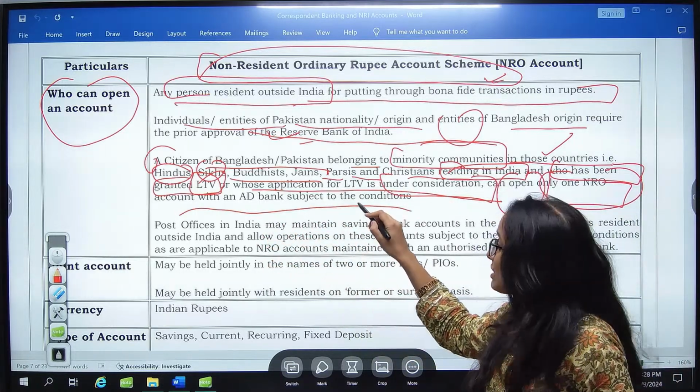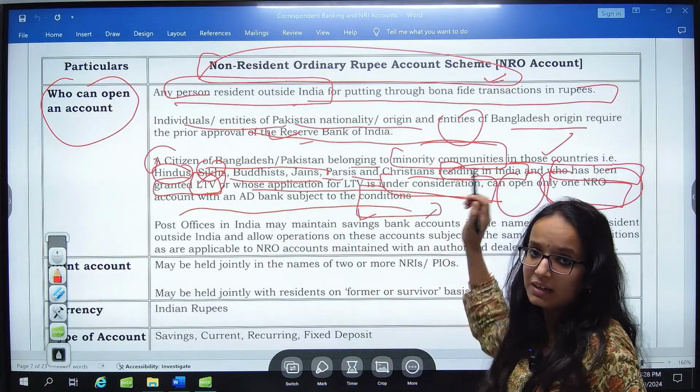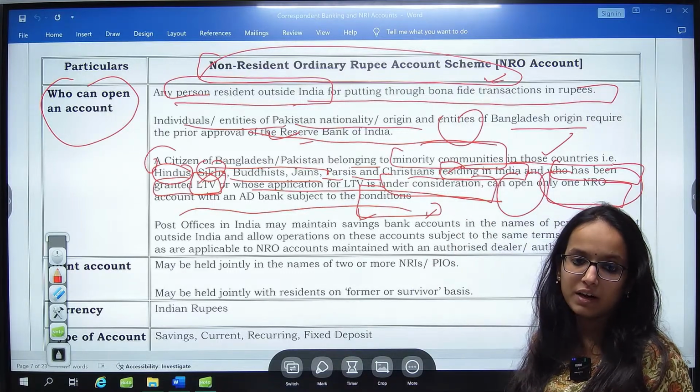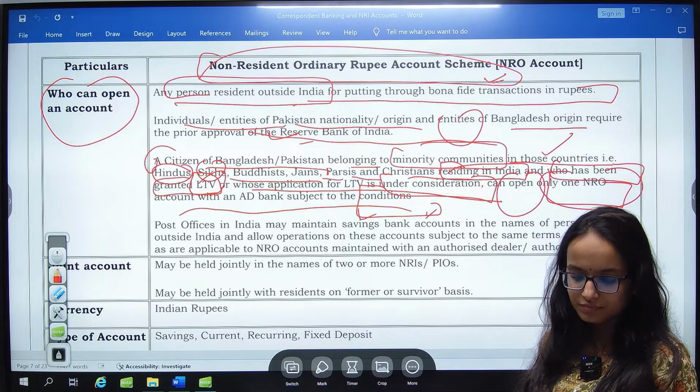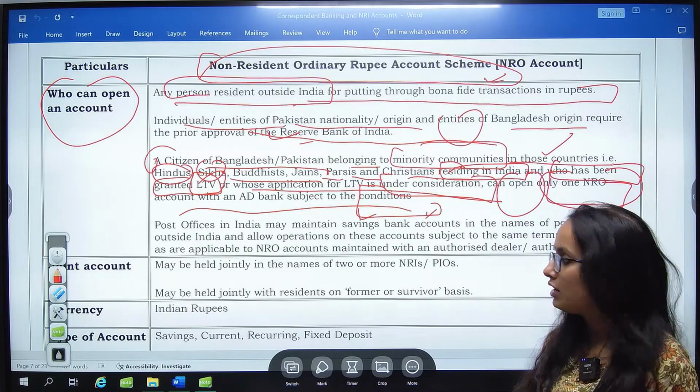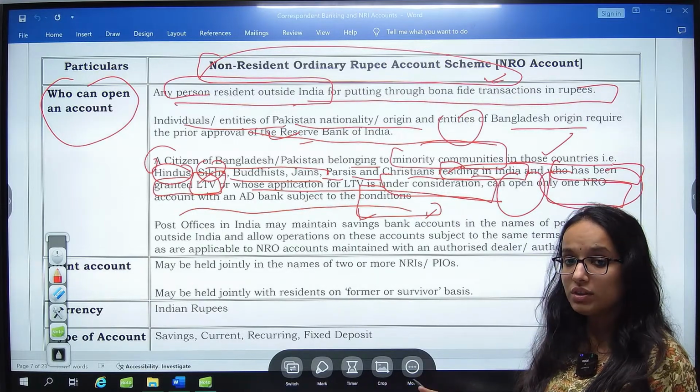That would also be subject to conditions specified under the regulations by the authorities. Right? So remember this.